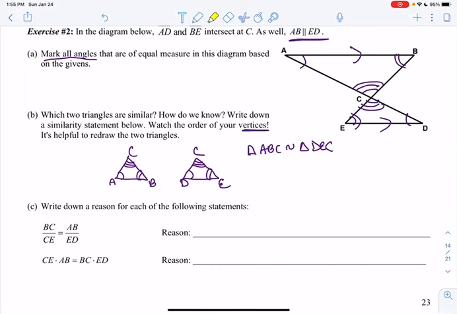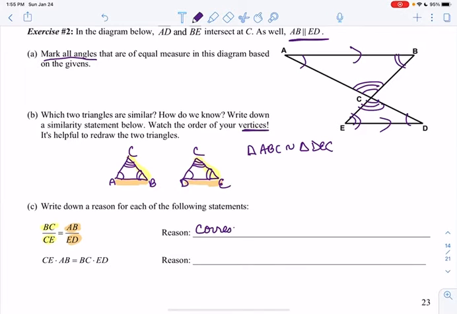So basically, I am taking BC, which is this side right here, over CE, and I'm writing them as a ratio, and then AB over ED. Why is that true? Well, because the triangles are similar, therefore those corresponding sides of similar triangles are in proportion.